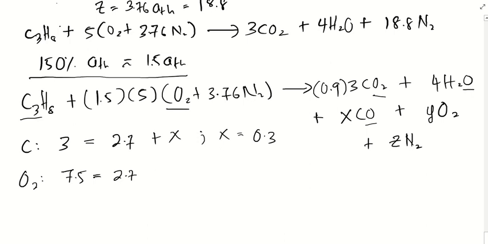O, so 4 divided by 2. This one is O only, so 0.3 is known, divided by 2, and then plus O2, which is Y. So from there, Y is 2.65.